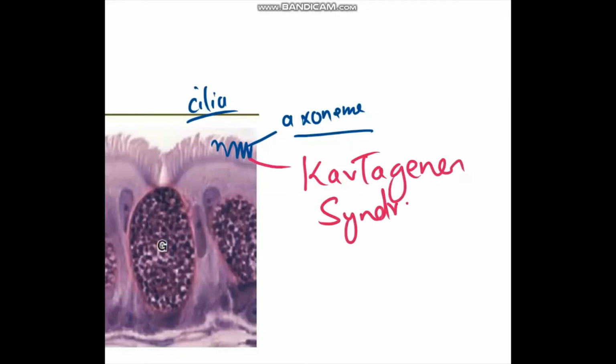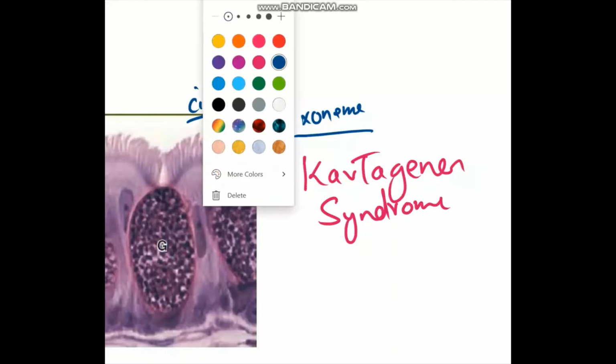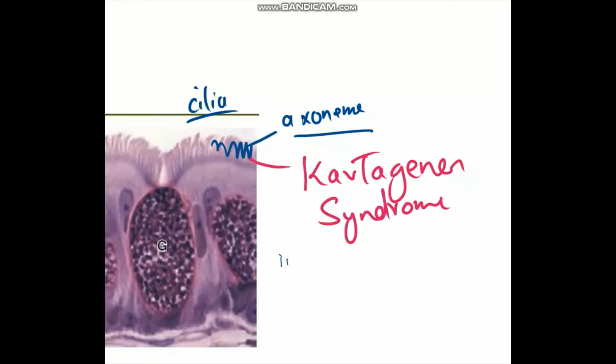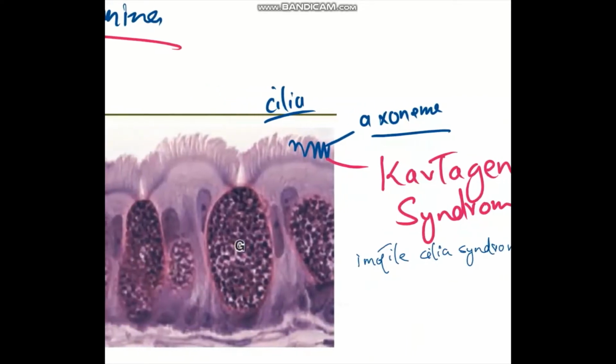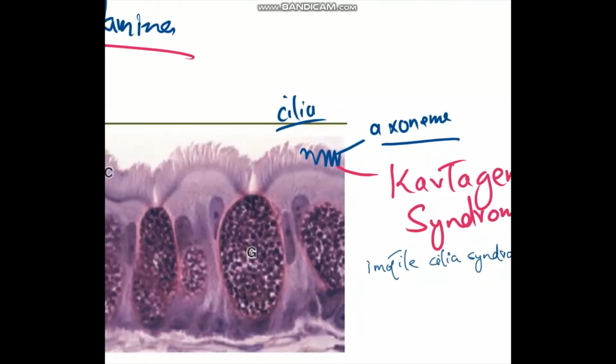This is also called immotile cilia syndrome, because in this syndrome, the cilia don't work, for example, in your nose, in your throat, in your respiratory tract, and in your testes, which results in, for example, bronchitis and infertility and things like that.